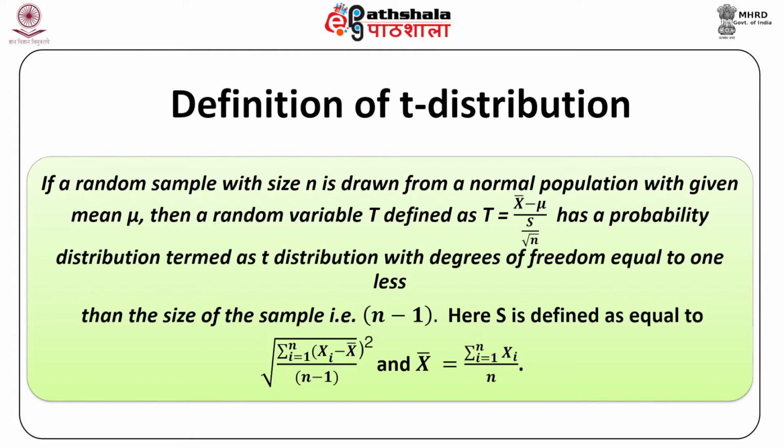Here s is defined as the square root of sigma (xi minus x bar) whole square divided by n minus 1, and x bar is nothing but sigma xi, i from 1 to n, divided by n.